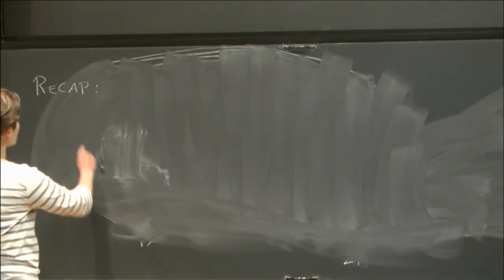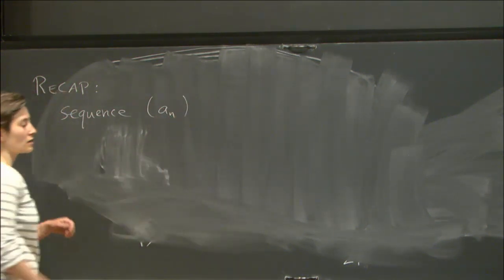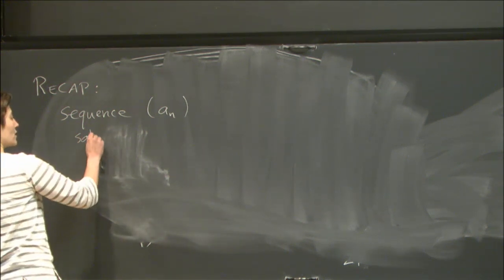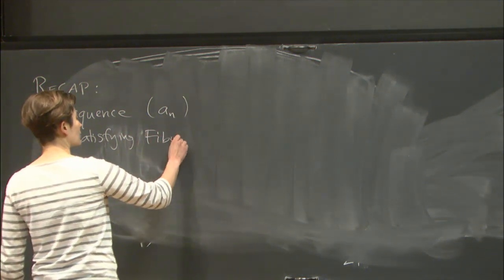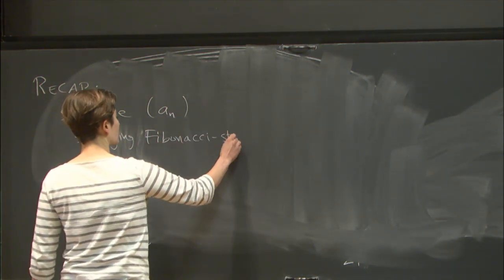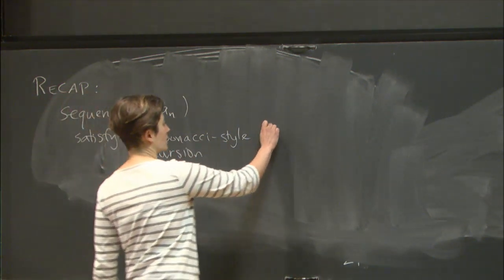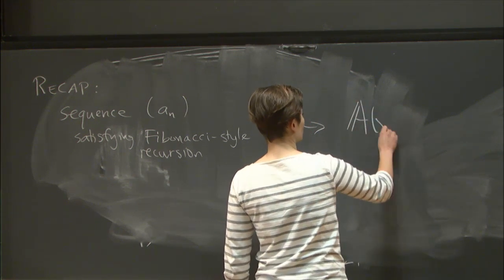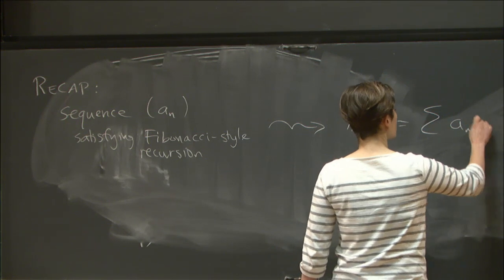Okay, so the recap was this. You have this sequence a_n, and if it satisfied a recursion, the idea was this induced a generating function.